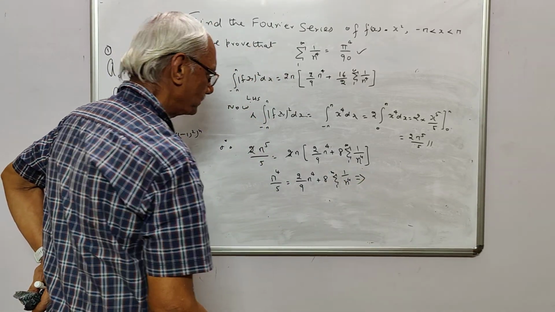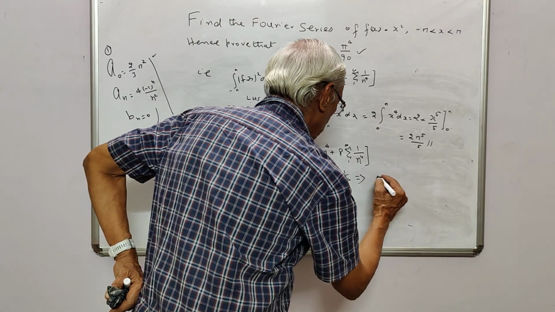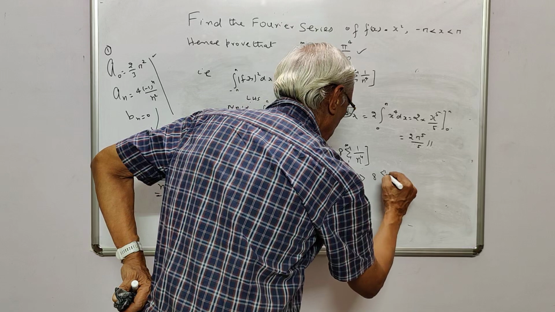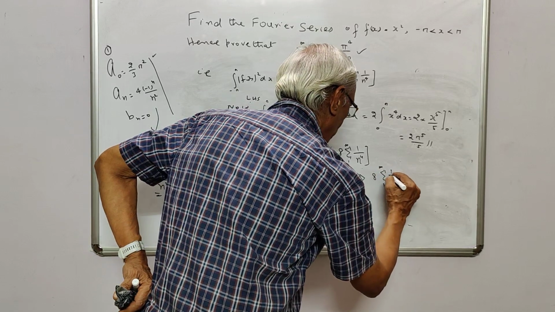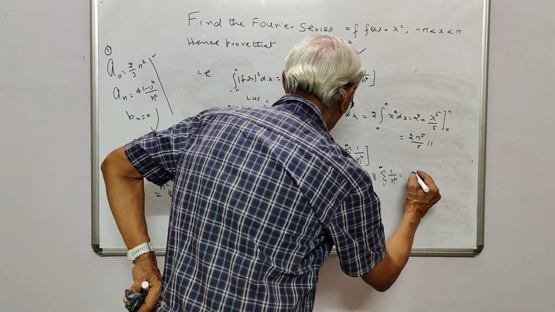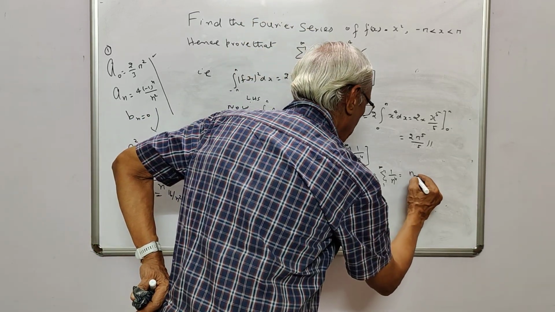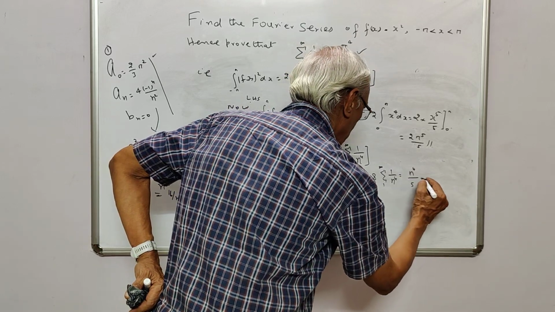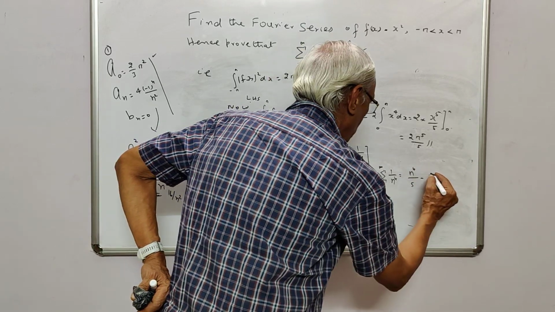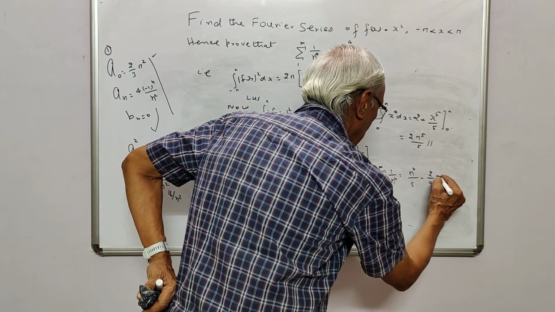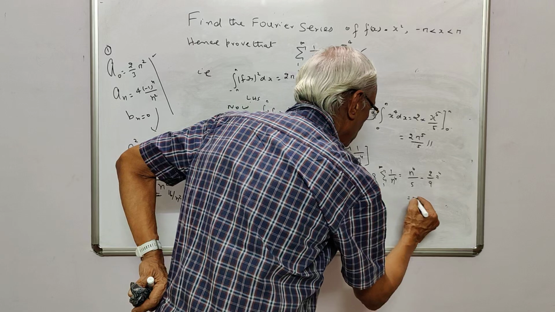This implies 8 into the sum from 1 to infinity of 1/n⁴ is equal to π⁴ divided by 5 minus 2/9 π⁴.